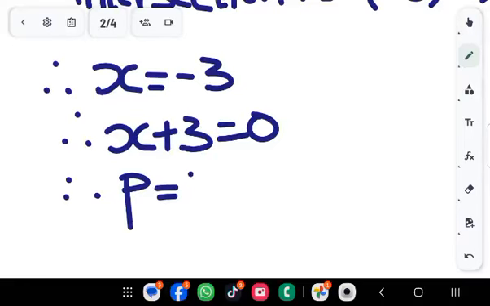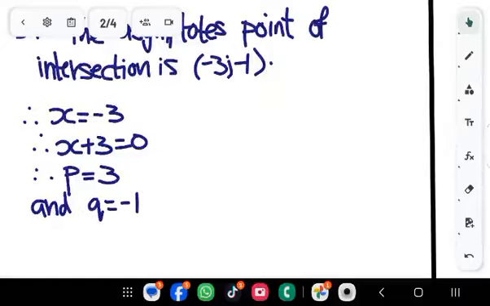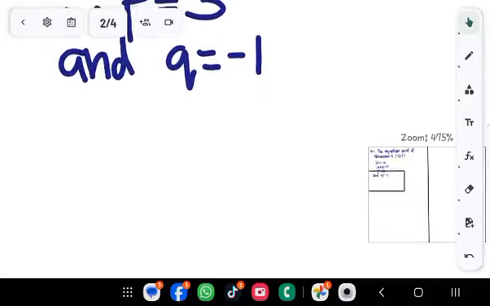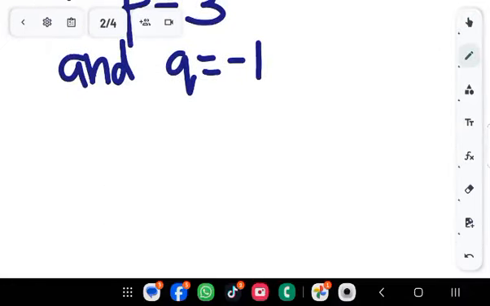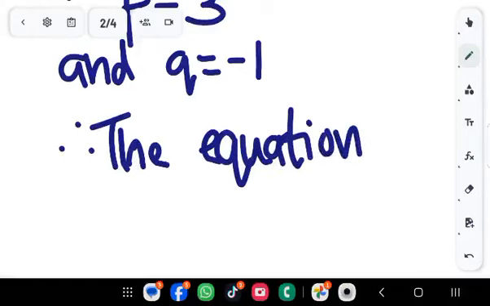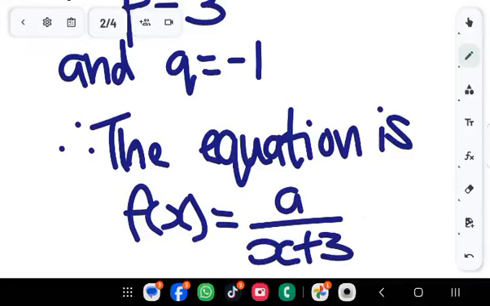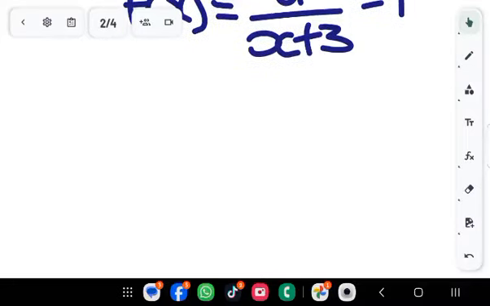Therefore p equals 3 and q equals -1. All right, those are p and q. Therefore the equation so far is f of x equals a over x plus 3, minus 1.